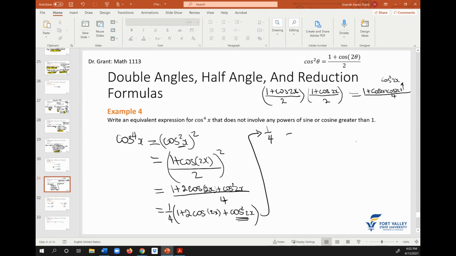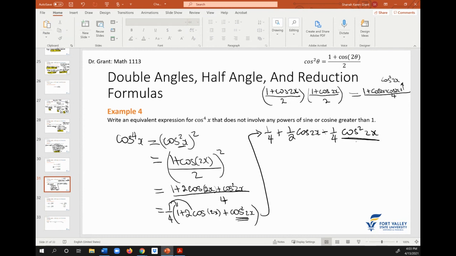I think that would make life a little bit easier for us, otherwise it would get complicated. So this would be 1/4 times 1, then 1/4 times 2 will give me a half, and then I have cosine 2x. And then this becomes plus 1/4 cosine squared 2x.